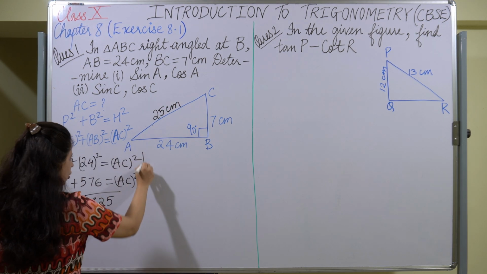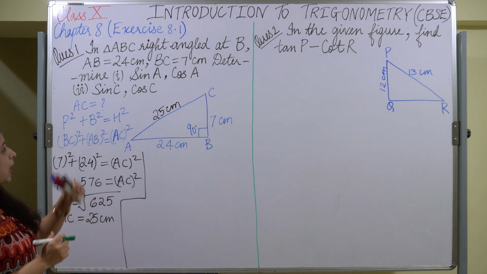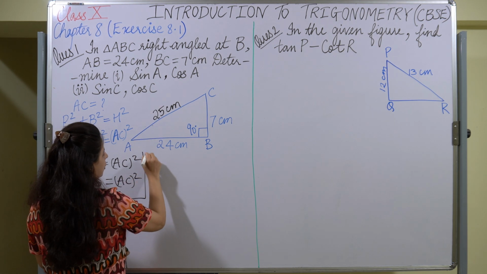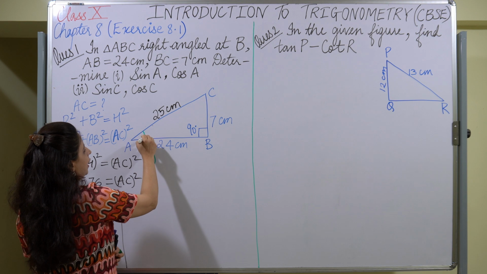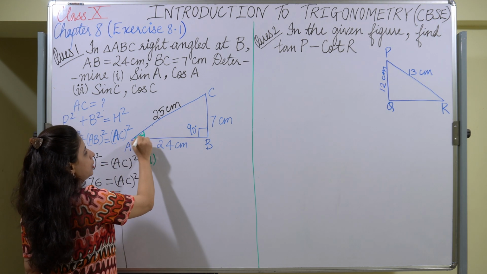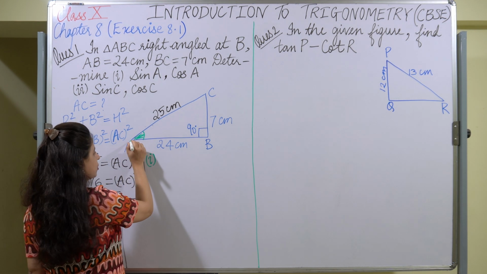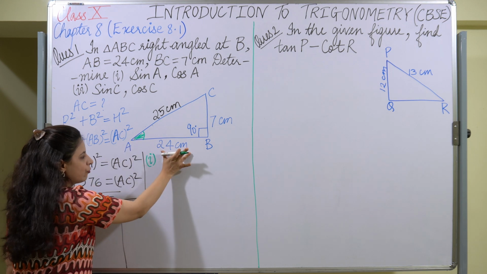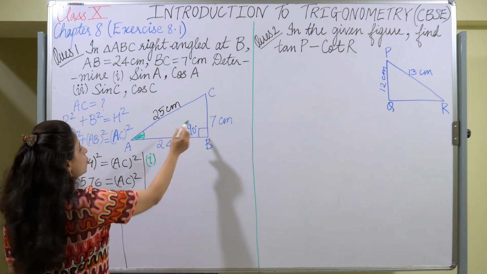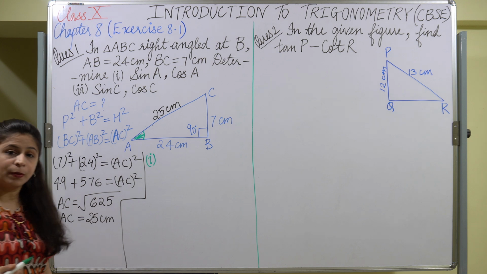Now let us start with the question we are asked to find. We are asked to find sin A and cos A in the first part. Angle A is formed over here. The side on which the angle A is lying forms the adjacent side, or the base, and the side opposite to the angle forms the opposite side or the perpendicular.